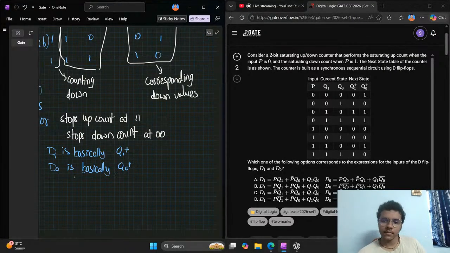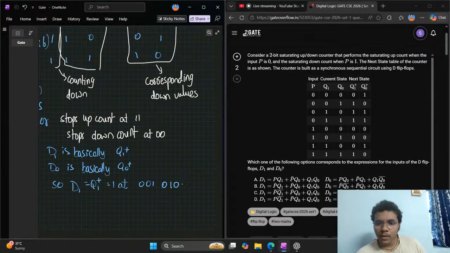So D1 is equal to Q1 plus is equal to 1 at 0 0 1, 0 1 0, 0 1 1, 1 1 1. And what are you going to do with these values now?